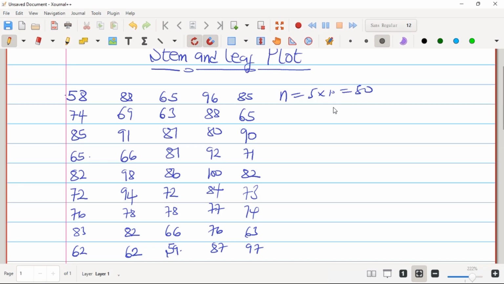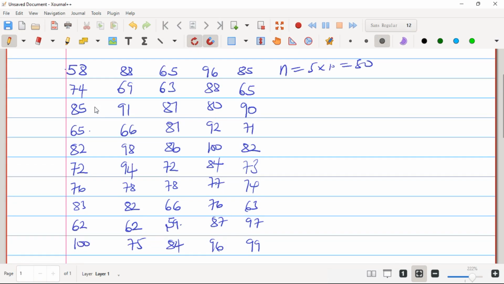Once you have been able to get your total, what you have to do next is arrange this raw data in ascending order. First we have to indicate our smallest value among these, and also our largest value.